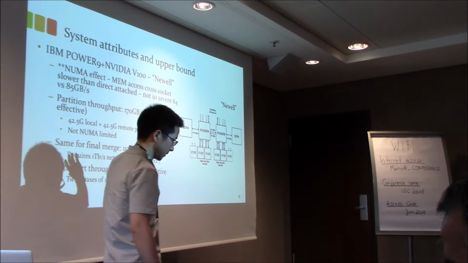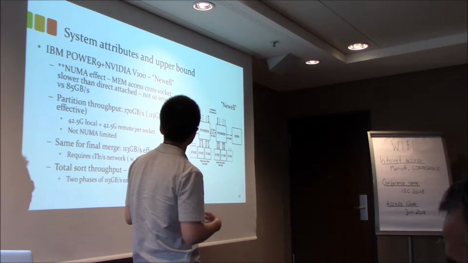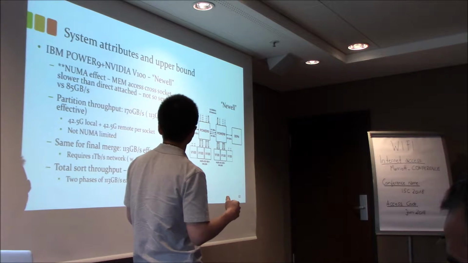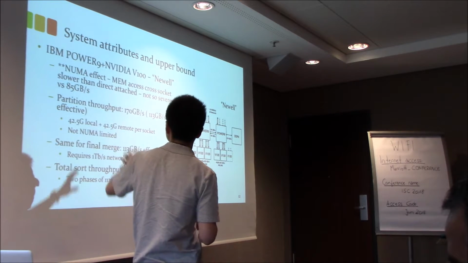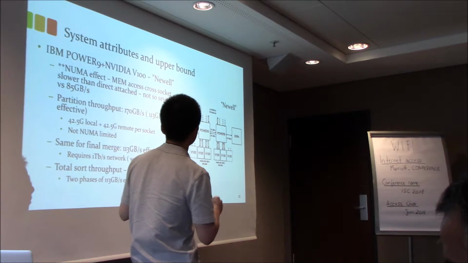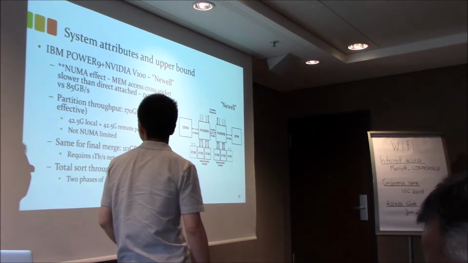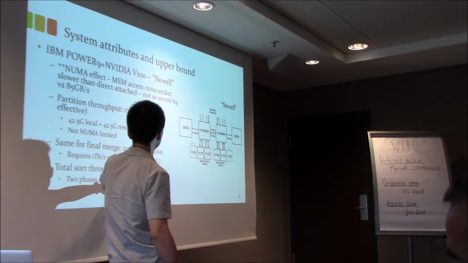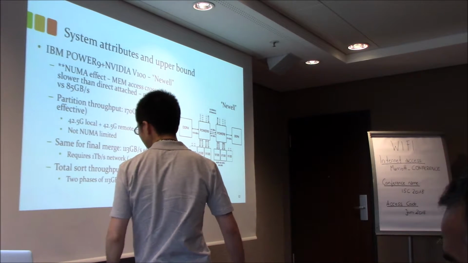I have to mention that some care has to be paid during implementation because there will be NUMA effect. NUMA effect may limit the bandwidth, so we have to place the data in sockets carefully. Here we just assume perfect placement of data, so no NUMA problem here. We can estimate this throughput. For the final sort it is the same. So the net is that we can estimate 57 gigabytes per second effective.